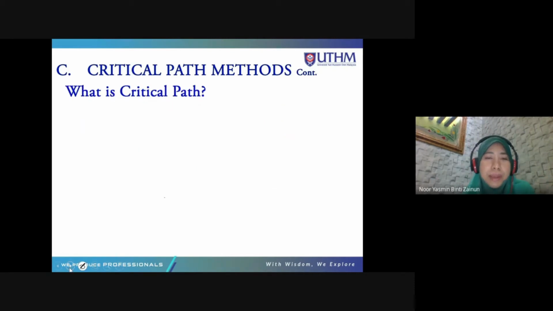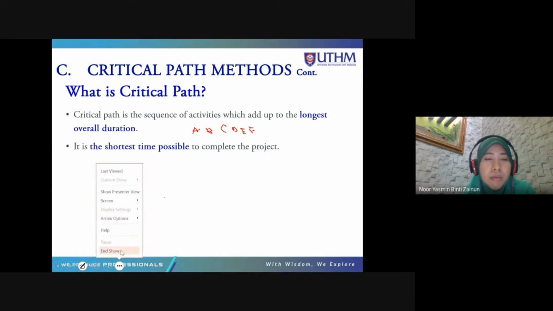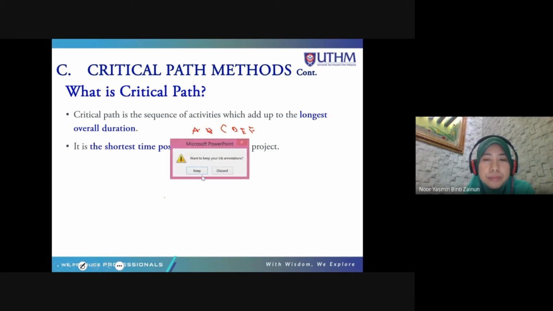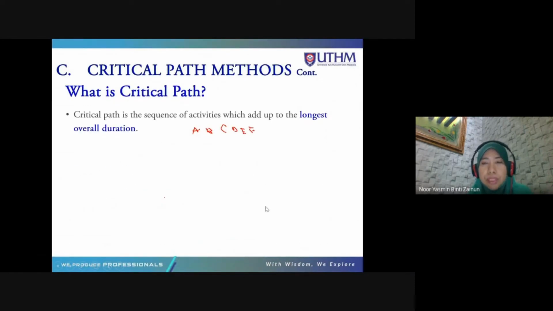So what is the critical path? The critical path is the sequence of activities which add up to the longest overall duration. For example, you have A, B, C, D, E, and F. The longest combination from A to F will become the overall duration, which becomes the total estimated duration of the project.